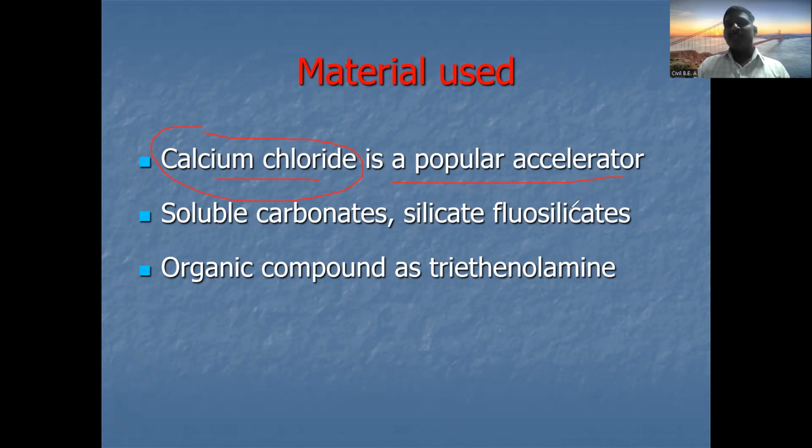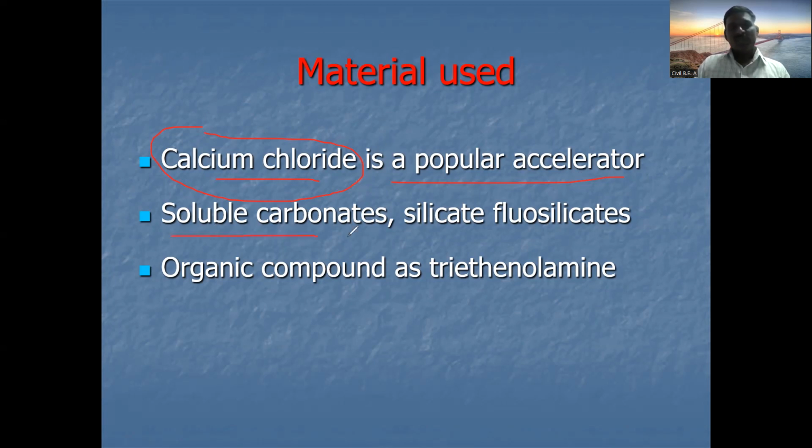Some admixtures we use for early setting, and some we use to delay the setting time. So for both purposes we have admixtures, which are nothing but chemicals, and in the accelerator we are using calcium chloride.